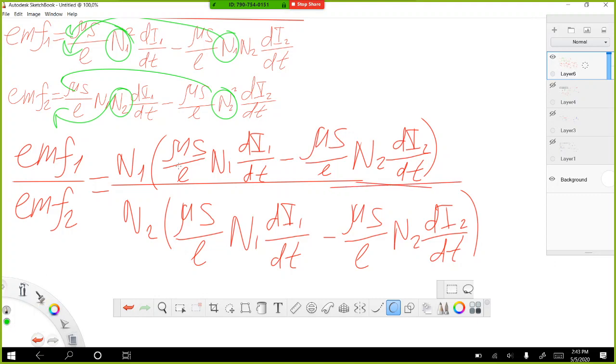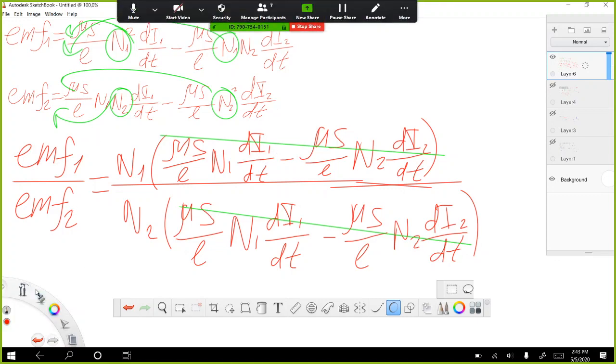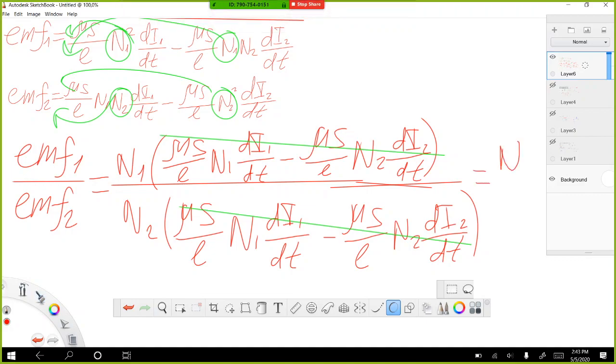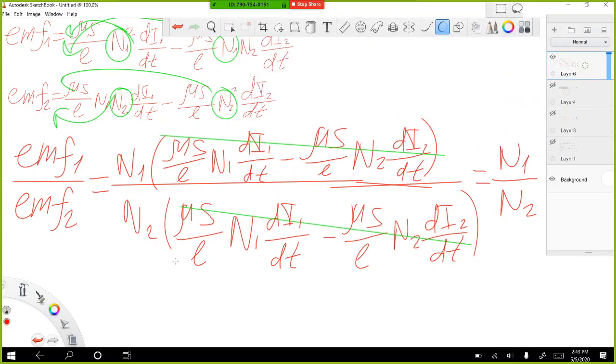As you can see clearly, this and this simplify each other, and everything equals n1 over n2, which is exactly the ratio which we wrote for the ideal transformer with infinite permeability of the core. So electromotive force 1 over electromotive force 2 will be equal to n1 over n2.